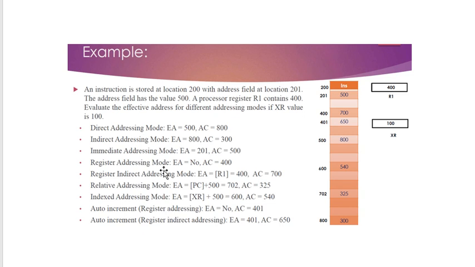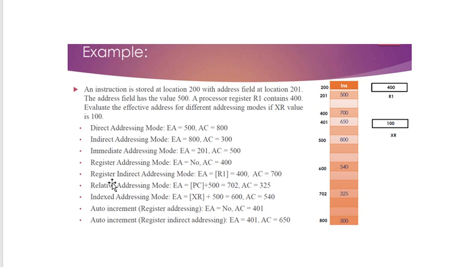Go to the address, right? What is in that address? It is the location of the address of the operand. So you move twice.